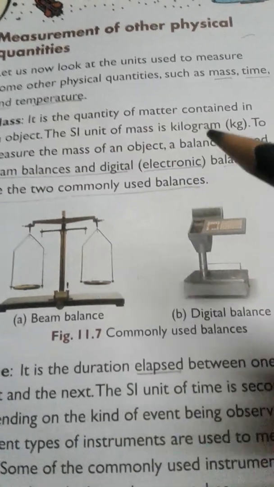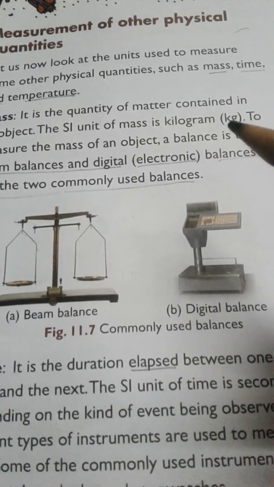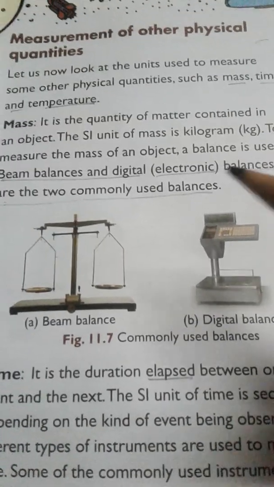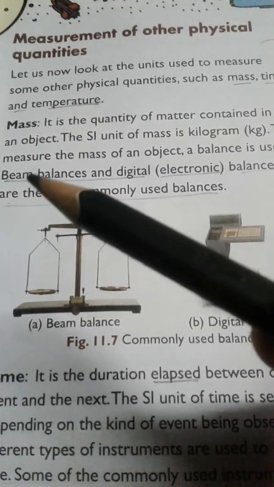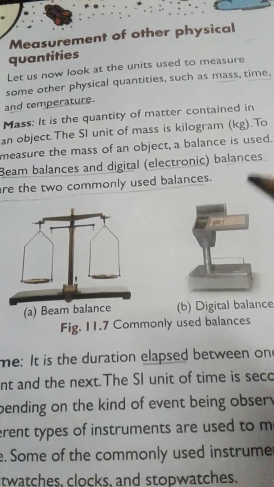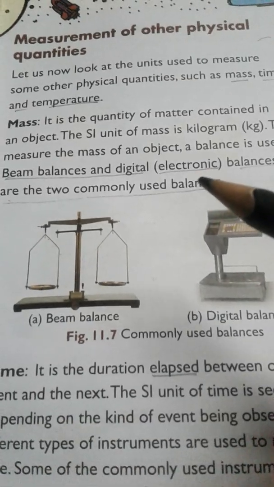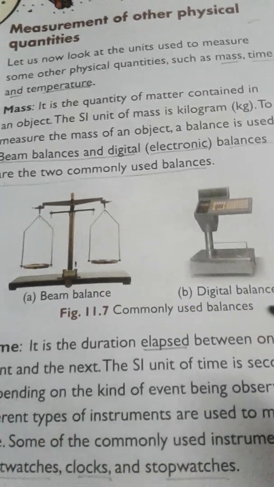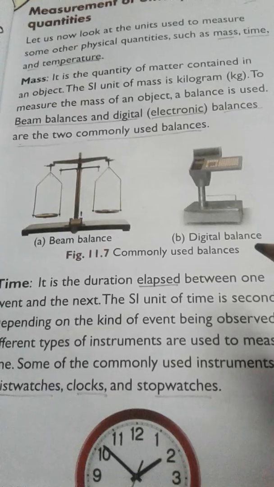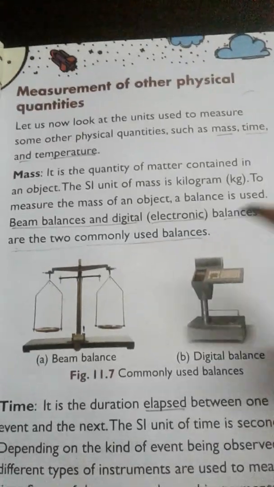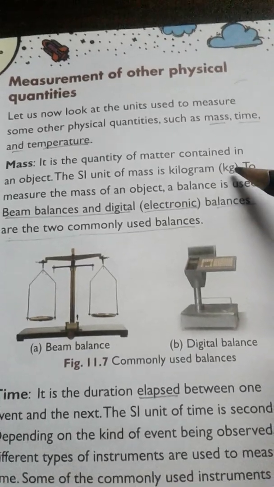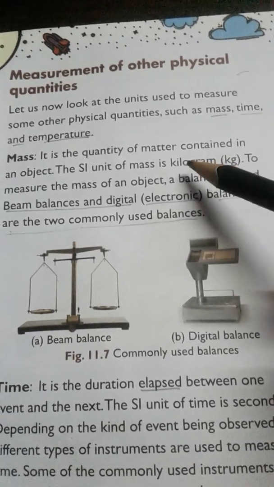SI unit of mass is kilogram, that is kg. To measure the mass, we can use beam balance and digital balance. It is electronic. This is the beam balance and this is the digital balance. These things we can use to measure mass of an object, and kg is the SI unit of mass.